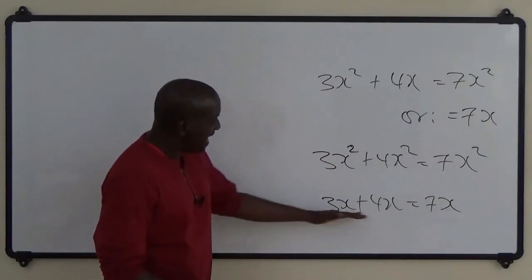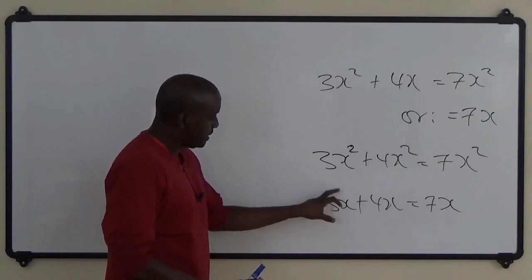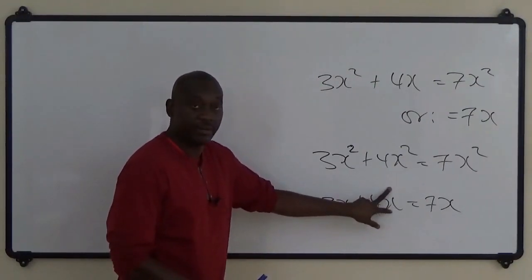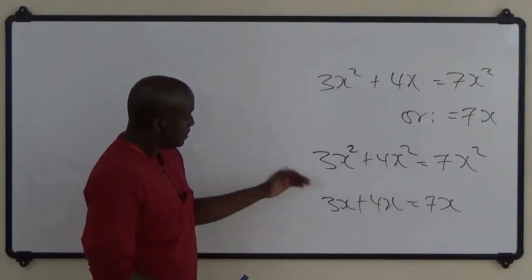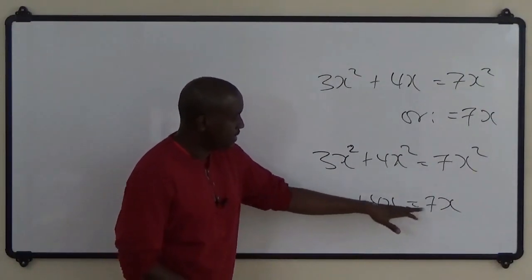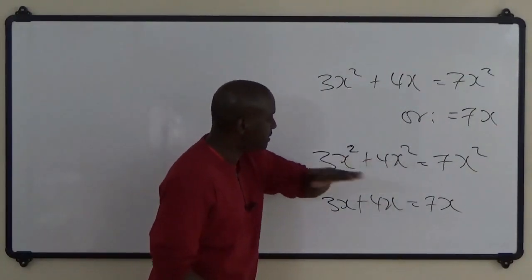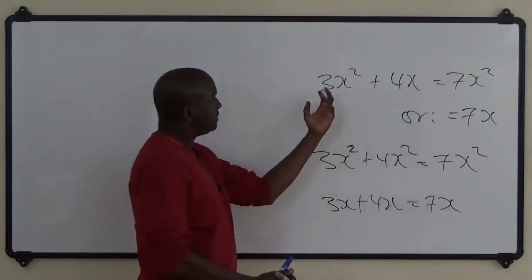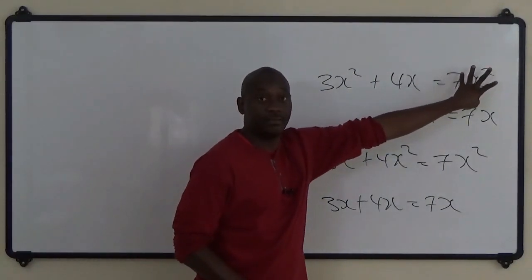By the same token, 3x plus 4x will give you 7x. So, to add polynomial terms, the power of the variable must be the same. So we have a linear plus a linear to give you another linear, a quadratic plus another quadratic to give you another quadratic. You cannot add a quadratic and a linear to get some singular term.